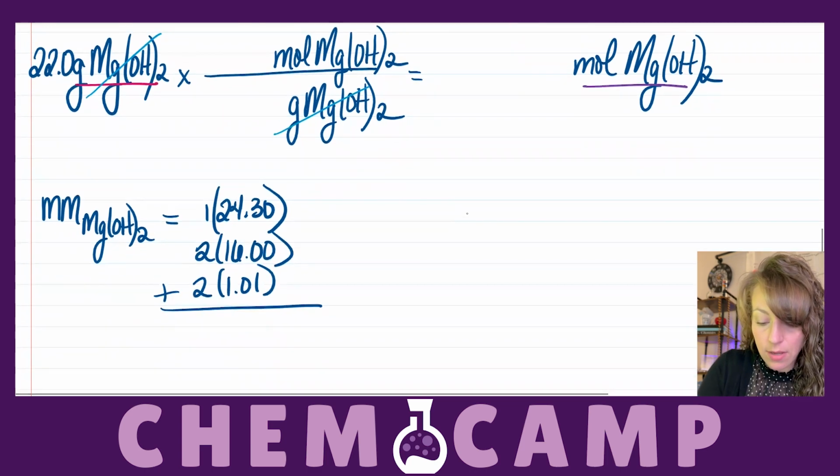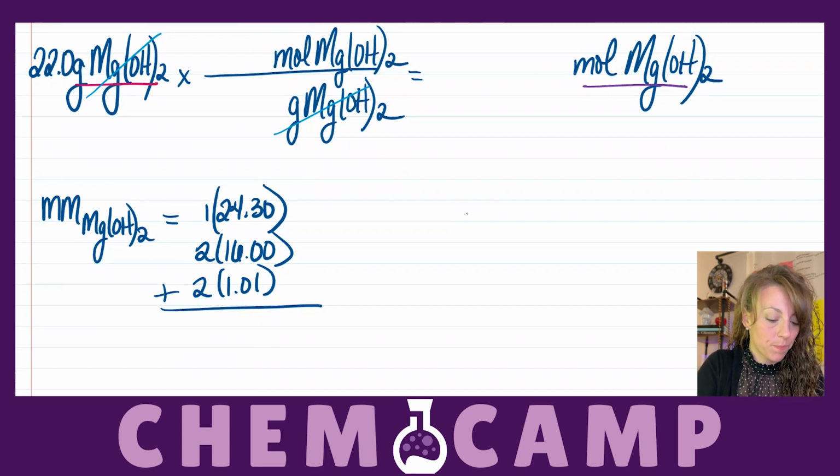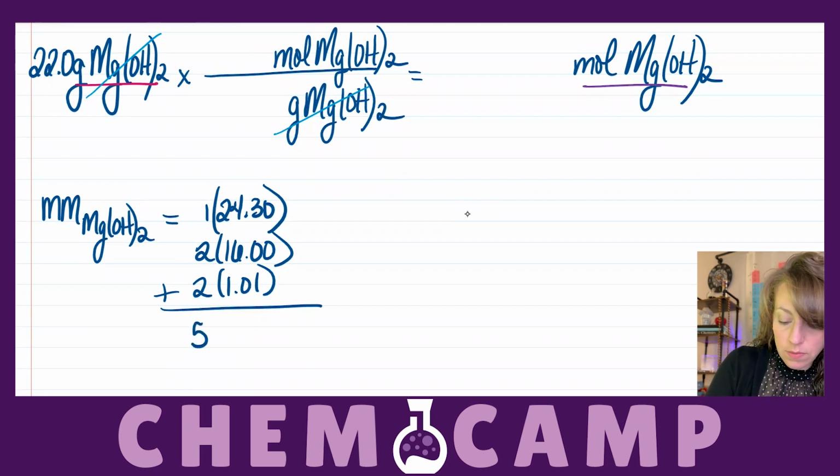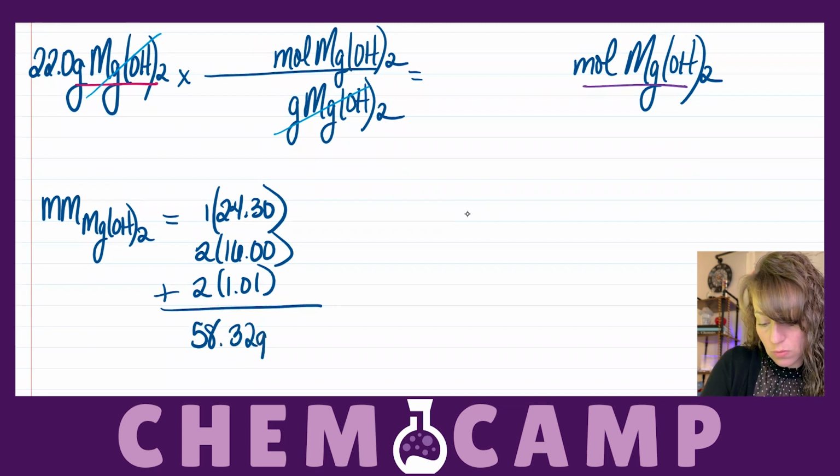I'm going to sum those products. So I've got 24.3 plus 32 plus 2.02, which gives me a grand total of 58.32 grams per mole.